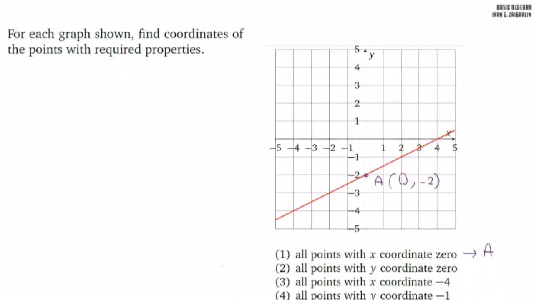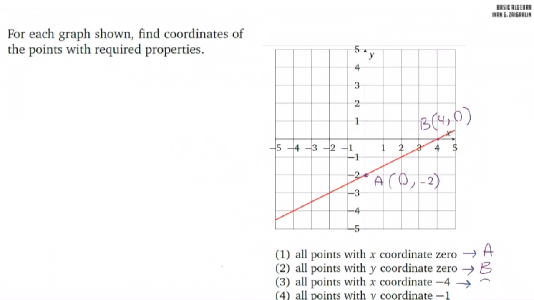2, all points with y coordinate 0. And this point is B, which has x coordinate 4 and y coordinate 0. And we have only one point with y coordinate 0. 3, all points with x coordinate -4.